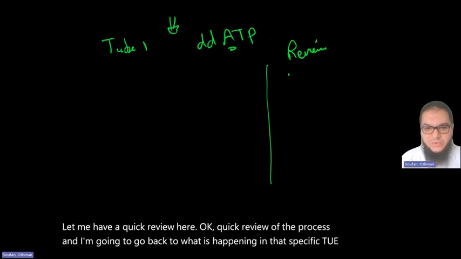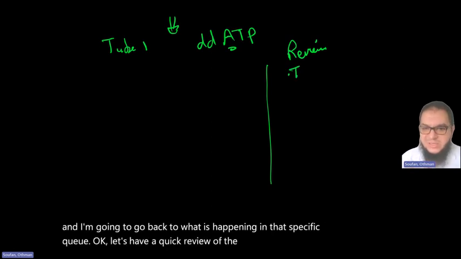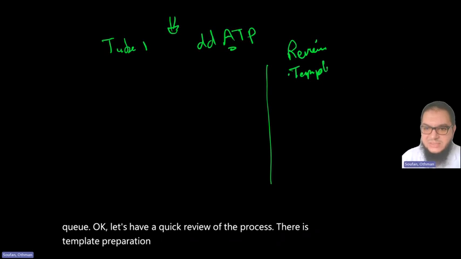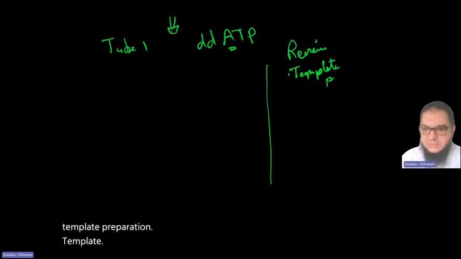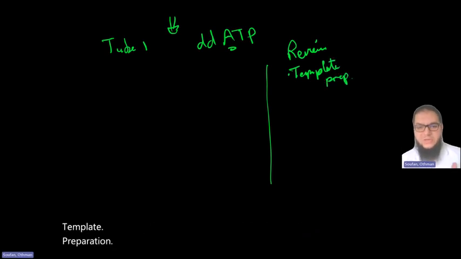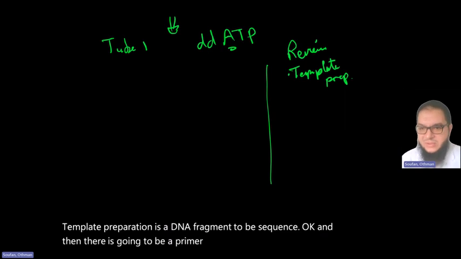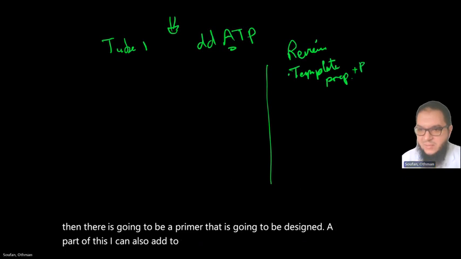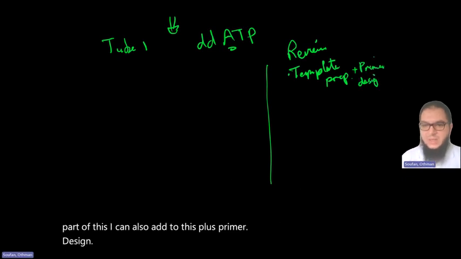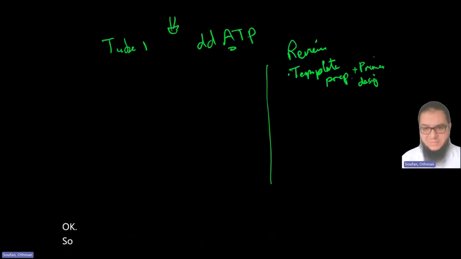There is template preparation, which is a DNA fragment to be sequenced, and then there is going to be a primer that is designed, so plus primer design. So this is one step.